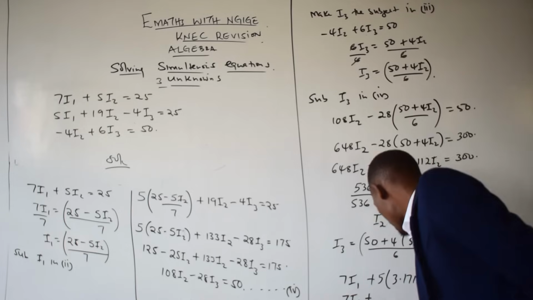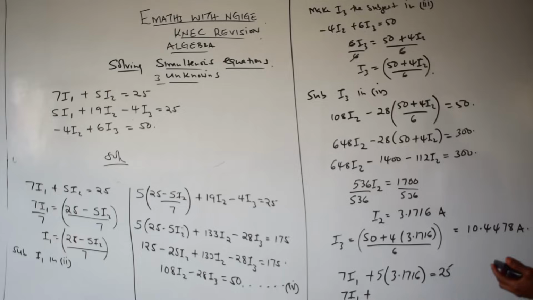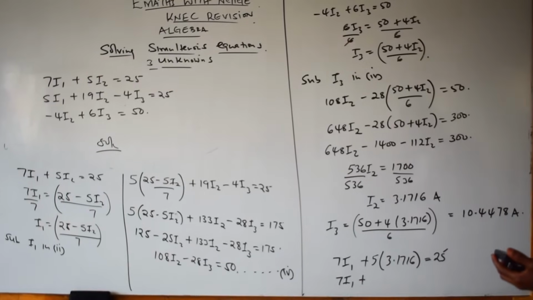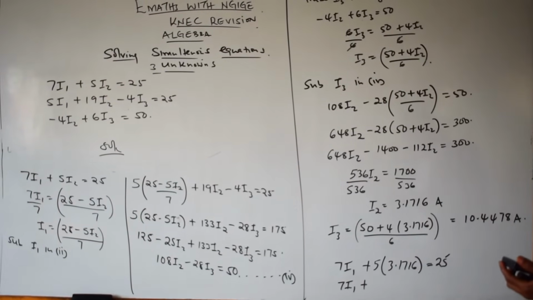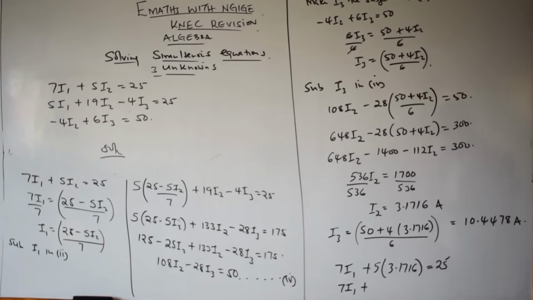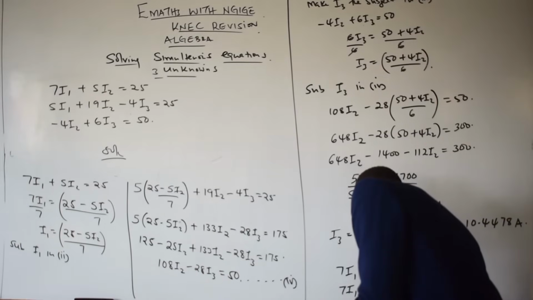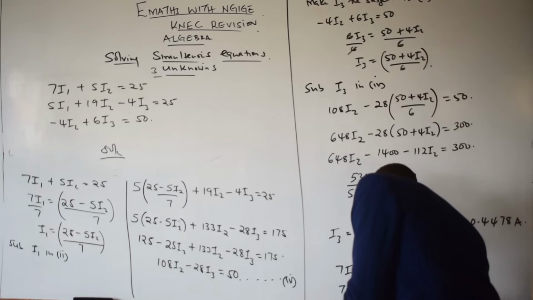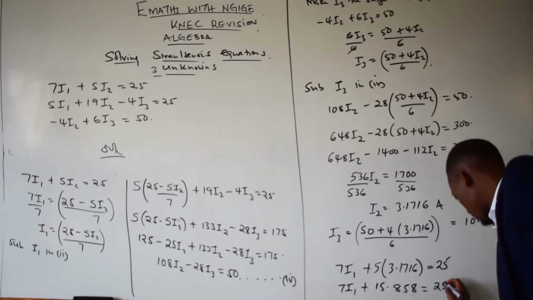Therefore, multiplying it out, we shall have 7i1, then plus 5 times 3.1716, which is going to give us 15.858, and that equals 25.